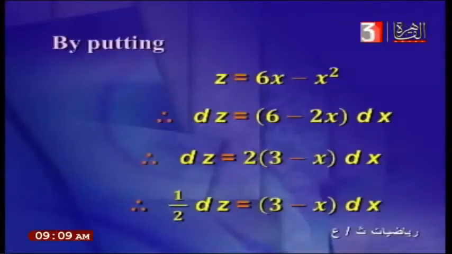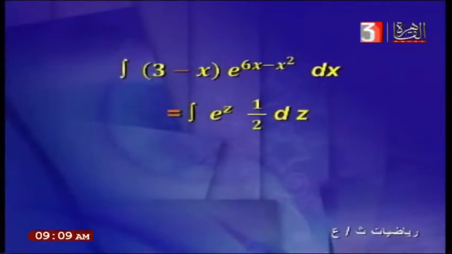The original function, the integration of (3 minus x) e to the power 6x minus x squared dx, we can substitute: (3 minus x) dx equals half dz, and e to the power 6x minus x squared equals e to the power z.